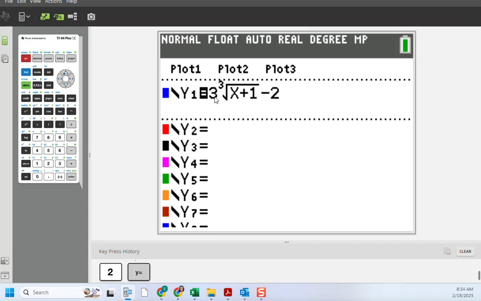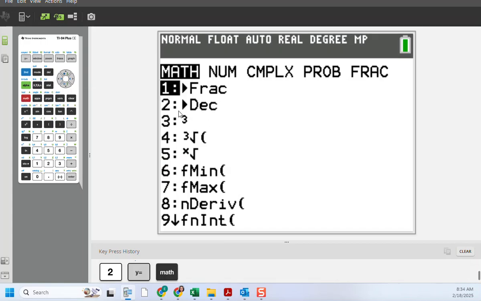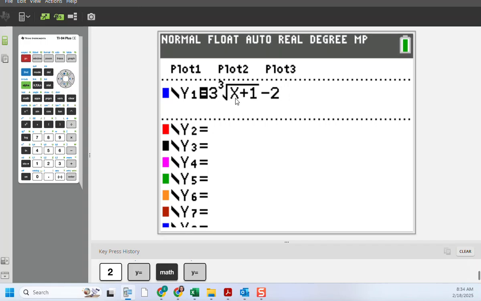Then I pressed 3, and then for the cube root, I pressed the math button, and then choice 4 was cube root. X is right here next to alpha, plus 1, and then I have to use the right arrow to get out of the cube root, and then minus 2.